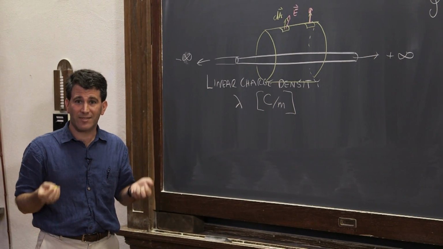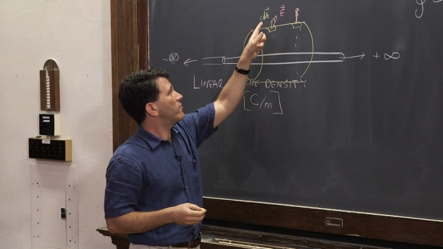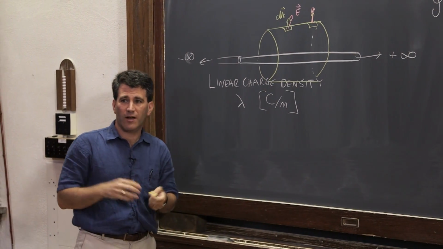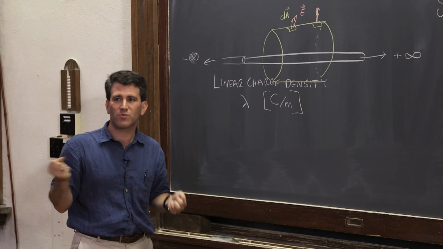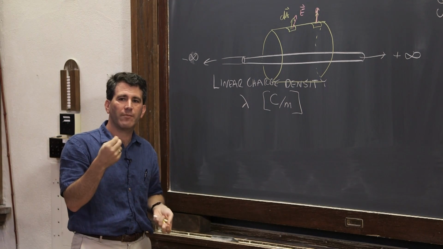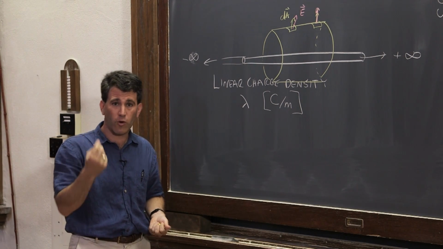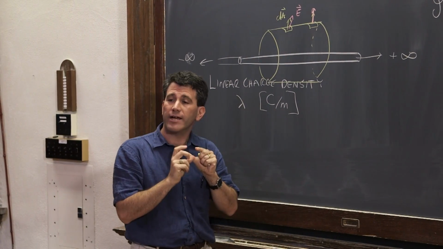And that's really nice and simple because it means that the E field dotted with dA just becomes a regular product of their magnitudes. We don't have to worry about the cosine of the angle between the two vectors. We just multiply the magnitude of the electric field times, in this case, 1 for a unit normal, times a little piece of area.